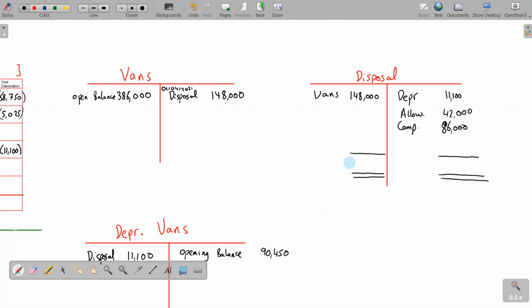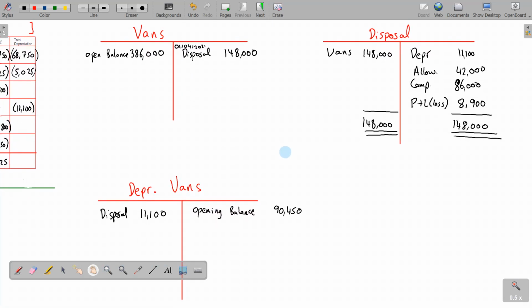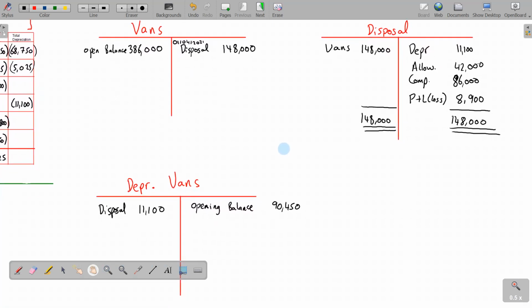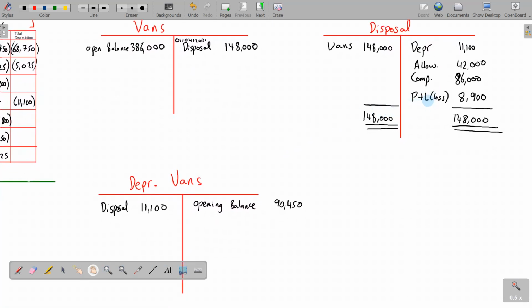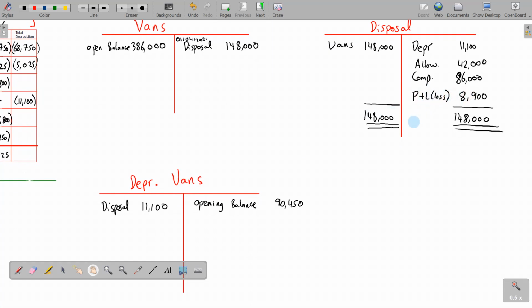We said that the credit side was greater, so we had a P&L which was a loss, so that's important to state, of 8,900, and with our disposal account we never have balances because we're only dealing with either profit or loss that go to the profit and loss account.